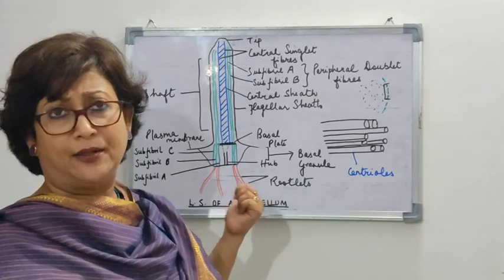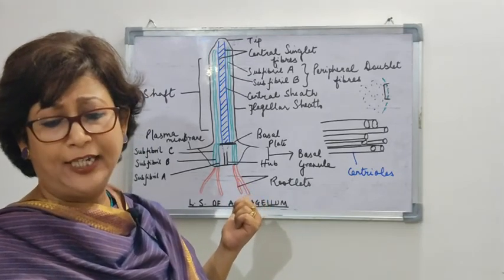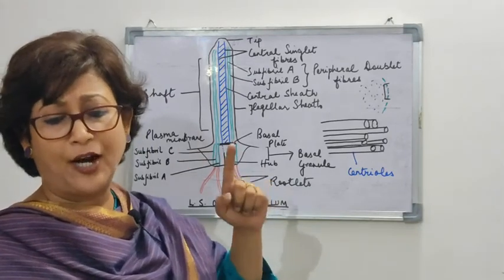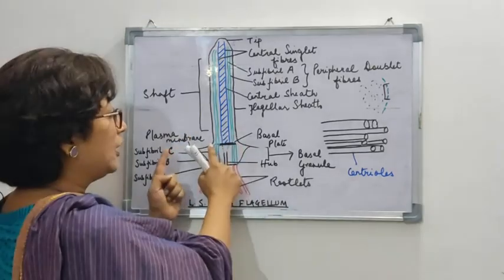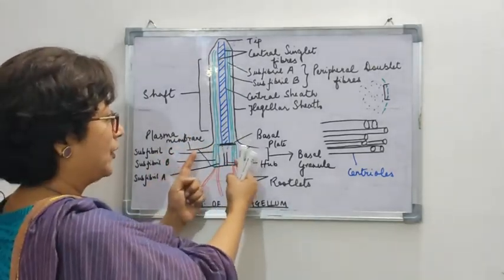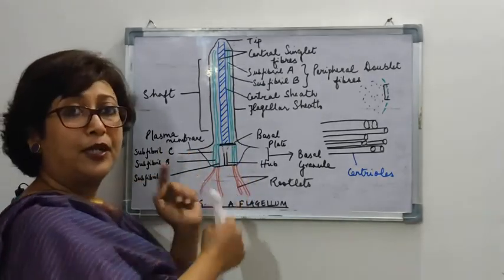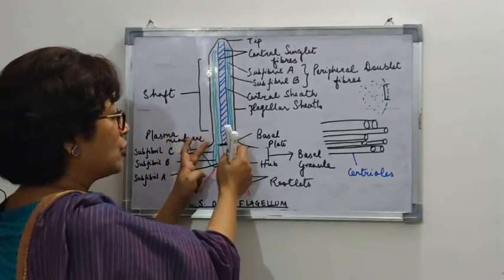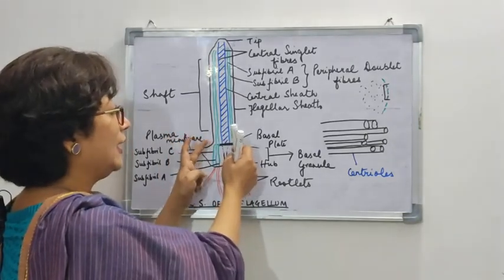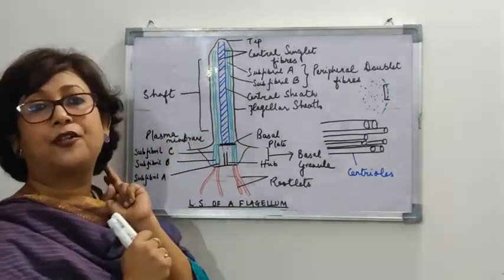Now in the region of the basal plate, which is found at the level of the plasma membrane, one subfiber of each peripheral fibril disappears. Look at this: the outermost fibril of the triplet fibril is missing near the basal plate region.